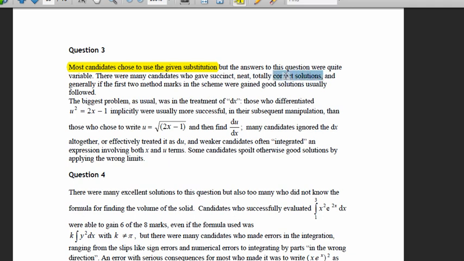Please make sure the presentation is well done, and generally if the first 2 method marks in the scheme were gained, good solutions usually followed. The biggest problem as usual was the treatment of dx. Those who differentiated this implicitly were more successful. So I recommend that instead of making it a square root, you just do this using implicit differentiation, because if you do the square root then you have the power mess and all these things. So that's the idea.